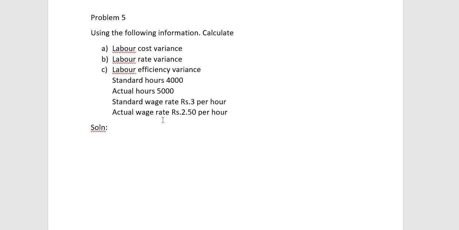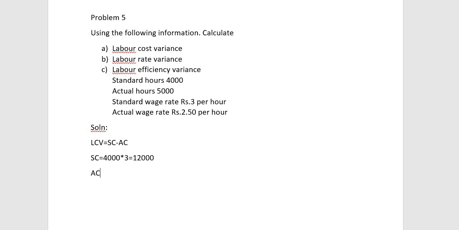We'll start the problem now. The first is labor cost variance, which is standard cost minus actual cost of labor. Standard cost is standard hours into standard rate: 4,000 hours into 3 per hour, that is 12,000.